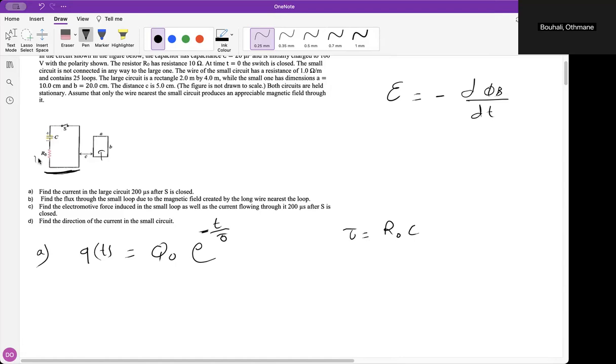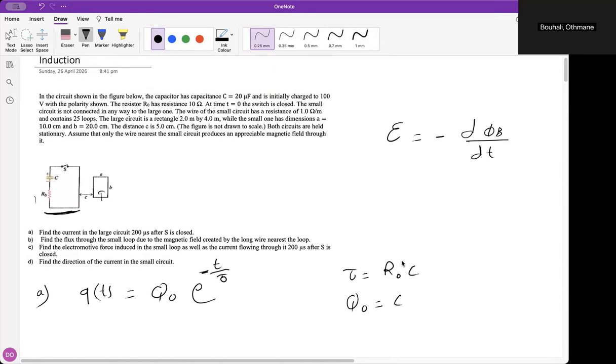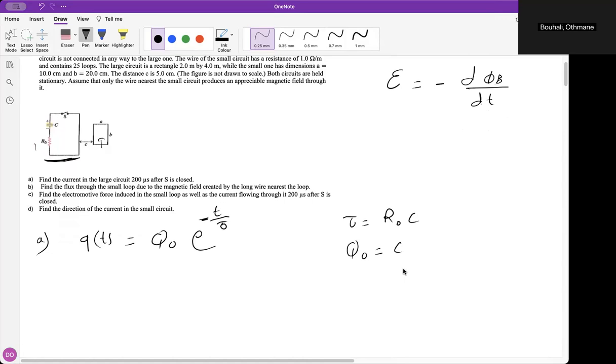Q0 is the total charge on the capacitor at the beginning, and the capacitor has been charged previously through 100 volts. So the total charge will be equal to capacitance times the voltage, which will be 20 times 10 to the minus 6 times 100 volts.